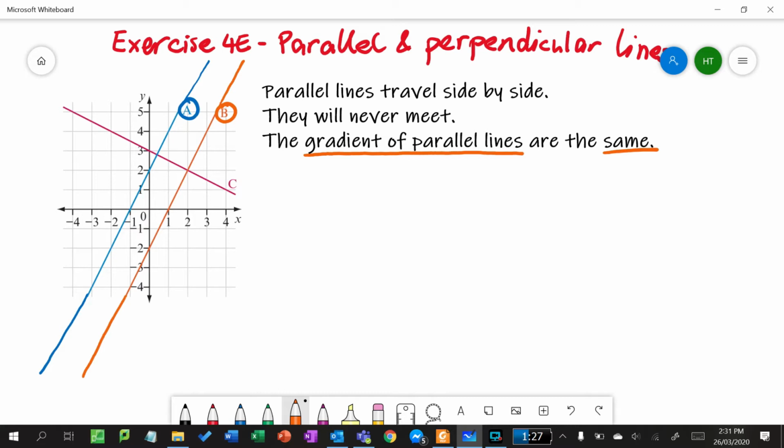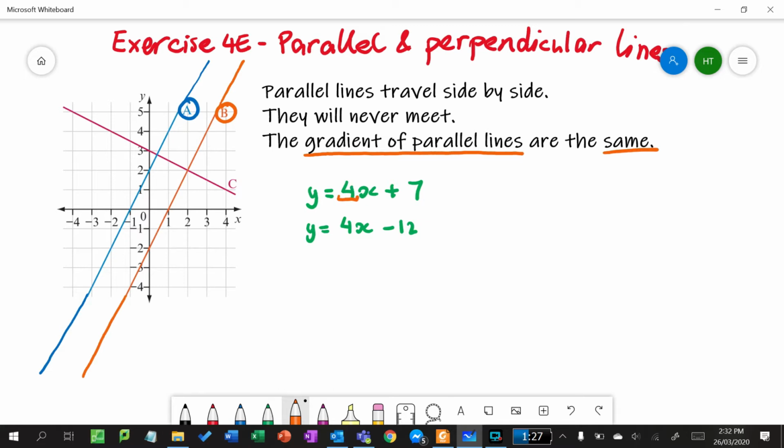Okay, for example, I'm going to write two linear equations for you. y equals 4x plus 7, and a second equation, y equals 4x take away 12. Now what is the gradient of the first line? The gradient of the first line is 4.